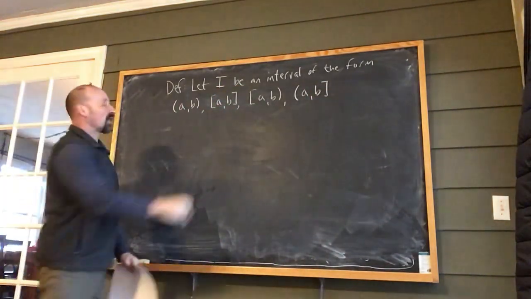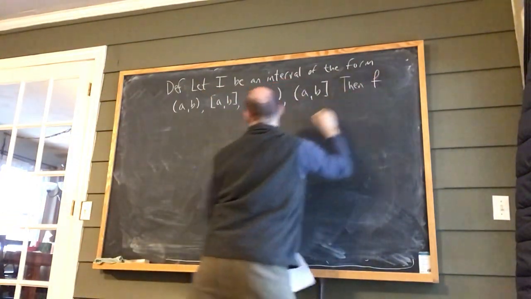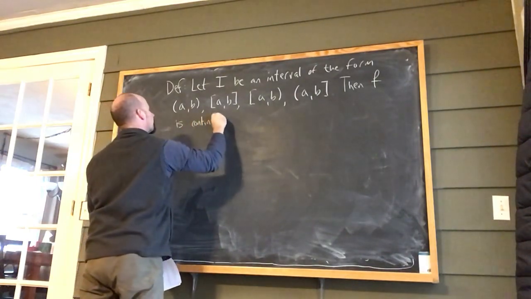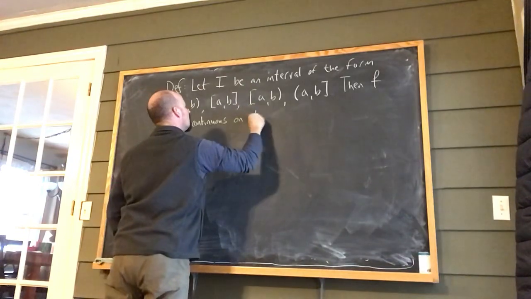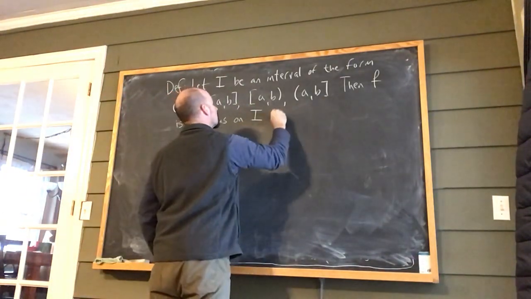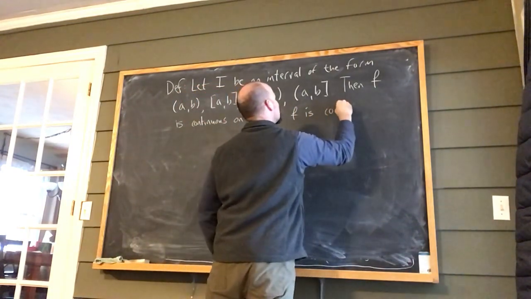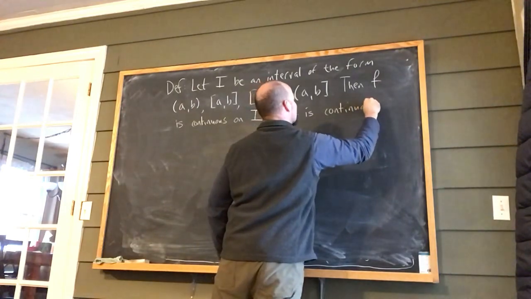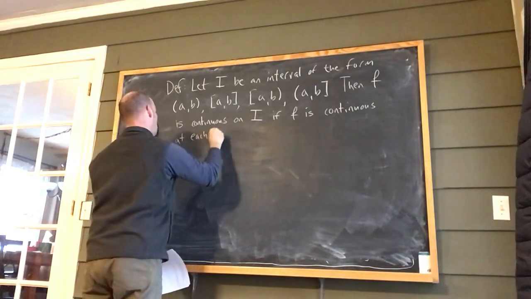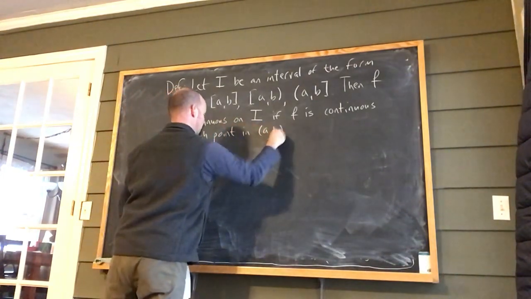So we've got some interval that looks like one of these, then f is continuous on the interval if f is continuous at each point in this interval.